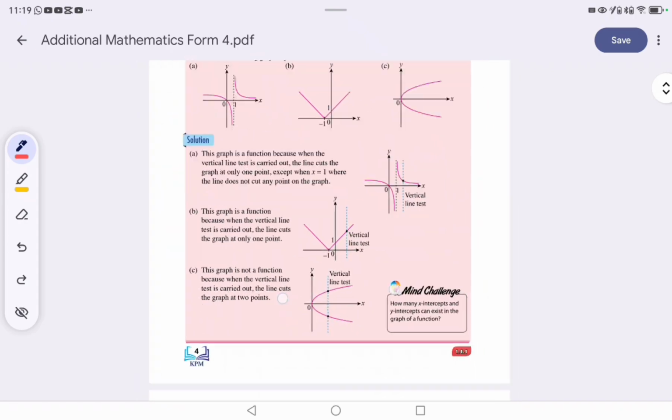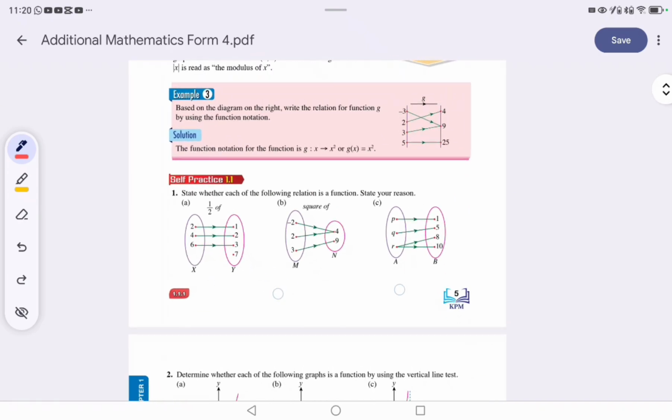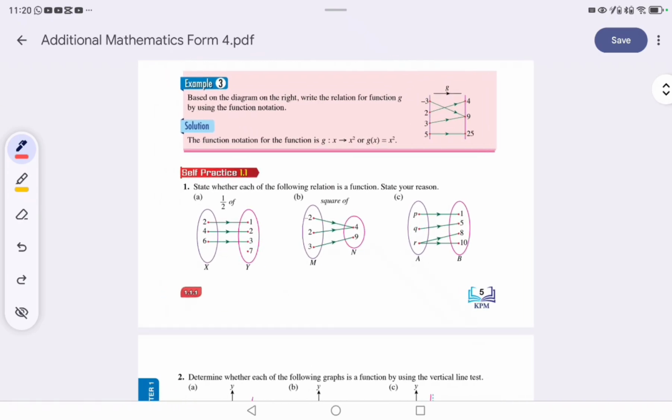Now look at this activity. State whether each of the following relations is a function. State your reason. Half of, 2 equals 1, 4 equals 2, 6 equals 3. So, is this one a function or not?